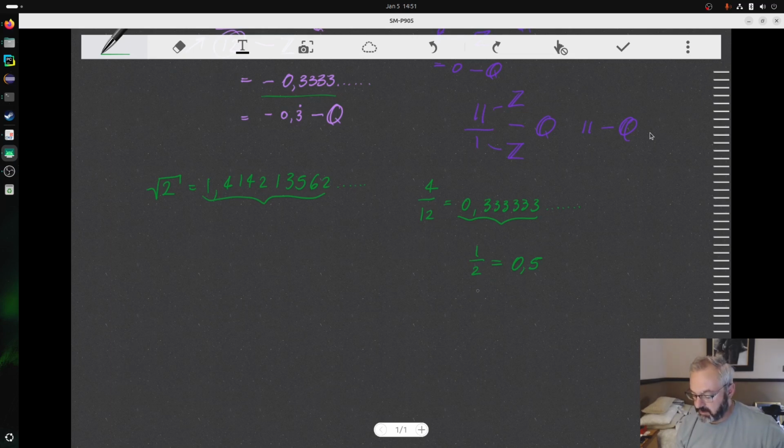All right, let's choose another number. Let's choose an 8th, or 1/8, 1 divided by 8. If we take a calculator and we calculate 1 by 8, it would give us 0.125. All right, again, have a careful look at this. You can see that the number ends after 3 decimals.